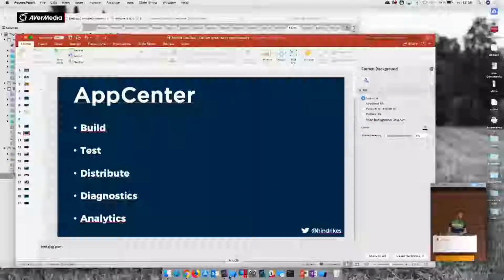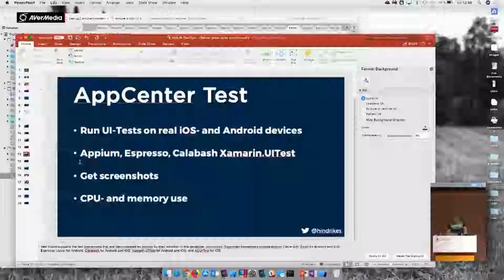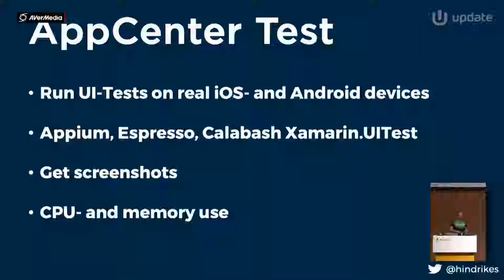Here I'm using Xamarin UI Test, but you can use other frameworks as well. I think I have a slide about that somewhere here. You can use Appium, Espresso, Calabash, for example, if you're more used to them, and you can also use App Center Test on other apps that aren't built with Xamarin.